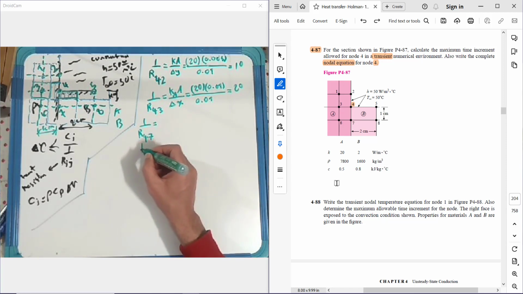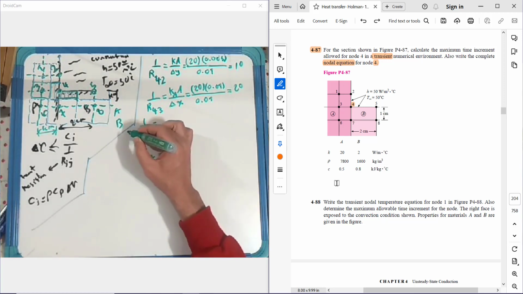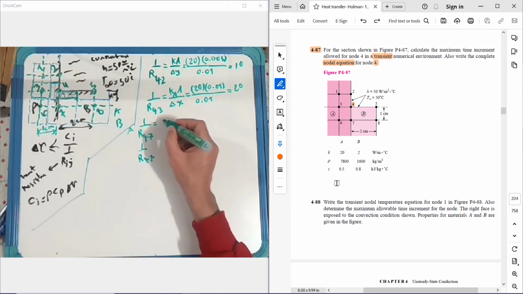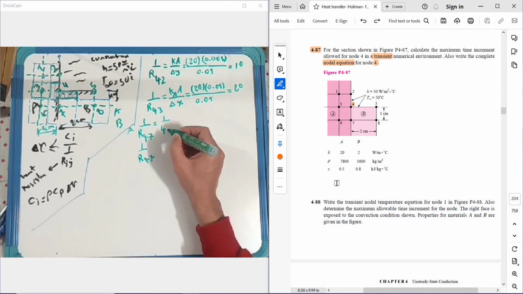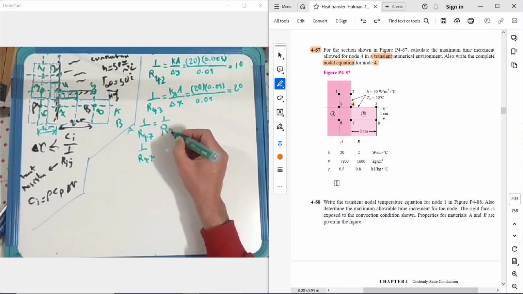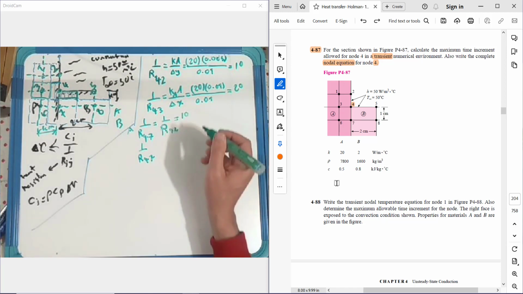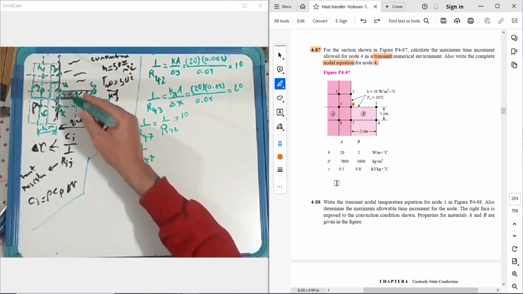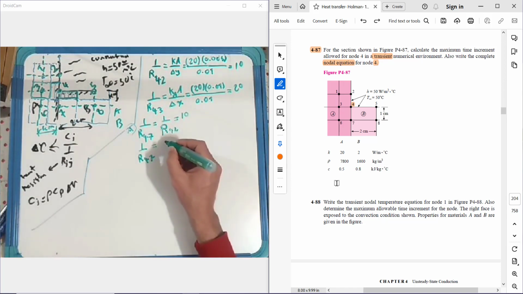The top one is for material A, which is exactly the same as R 4 to 2, which is 10 for material A here.